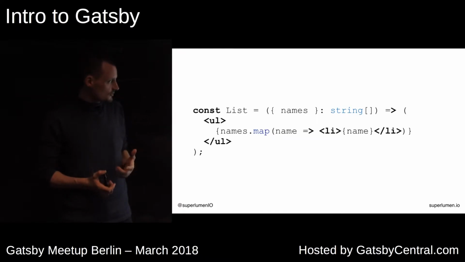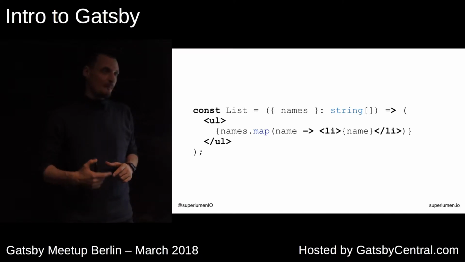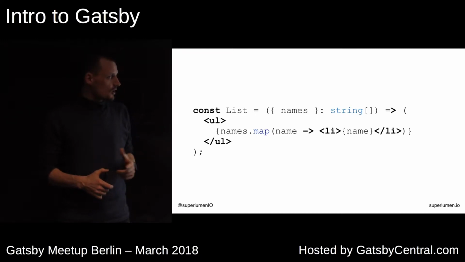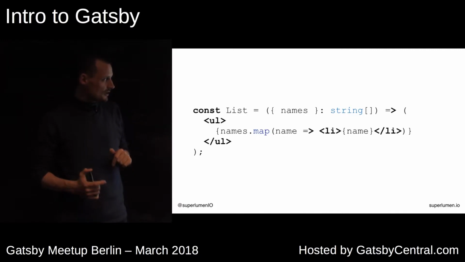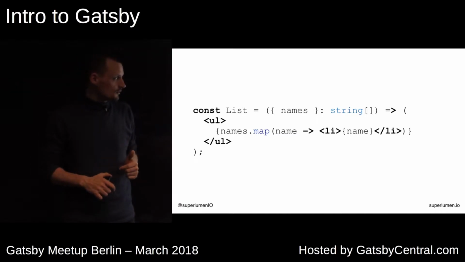And then it looks somewhat similar in that we have an opening and closing UL tag, but in the middle line we're using JavaScript to map over an array. There's a lot of ES6 magic in here to make it compact and look like a template. What it does in that middle line is it calls this function map, and then what's given to map is another function which takes the name as an input and returns an li tag with the name in between the opening and closing tags.